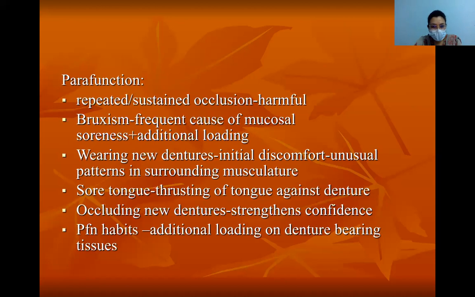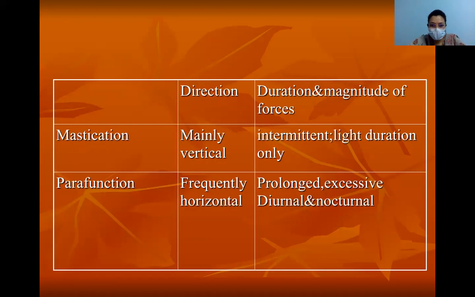Bruxism is a frequent cause of mucosal soreness plus additional loading. On wearing new dentures, initial discomfort and unusual patterns in the surrounding musculature can be seen. Sore tongue and thrusting of the tongue against the denture can take place. Occluding new dentures strengthens your confidence. Parafunctional habits, if present in the patient, will add loading on the denture-bearing tissues.